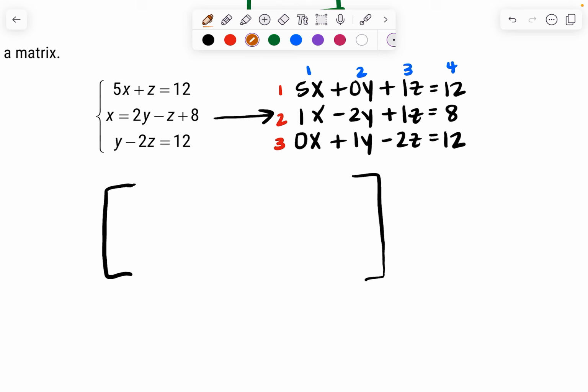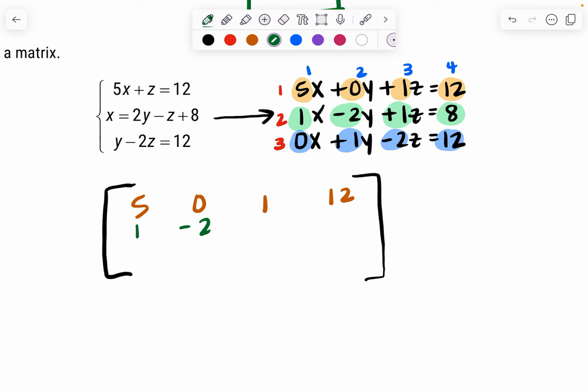So I'm going to go in and pull from my first row all of the coefficients, and then I'll pull from my second row all the coefficients, and then finally from my third. One of the big things when we get to actually using these for solving is that when these are in line, we're hopefully doing an elimination style.